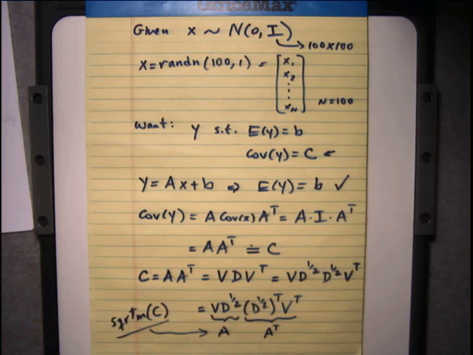This is not the same thing as sqrt of an argument. This is the matrix square root, which is defined like this. If you just say sqrt of a matrix, then what that does is it computes the square root of each element of the matrix. That is not the same thing as the matrix square root. Okay? It's not the element-wise square root.